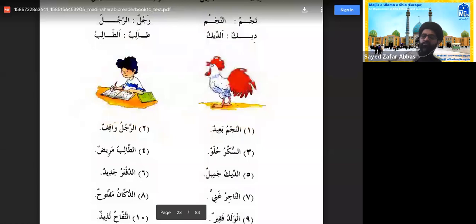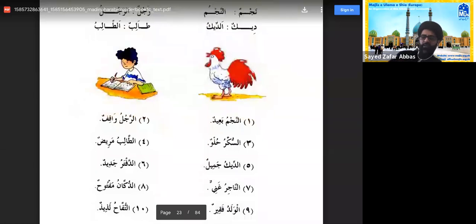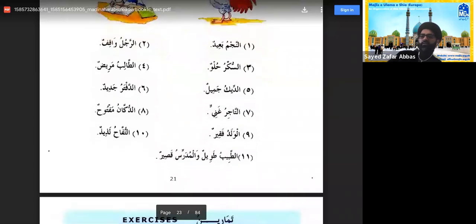But for the moment, let's go through these sentences that have been mentioned for us, which we're being introduced to for the first time. So new words and new pronunciations as well. An-najmu ba'id. The star is far away. Ar-rajulu waqif.